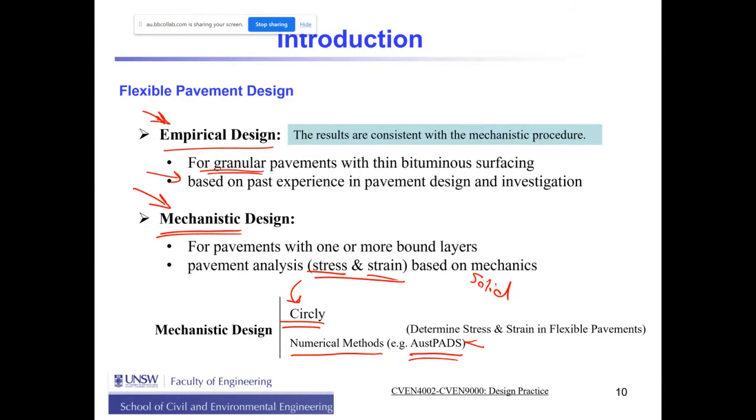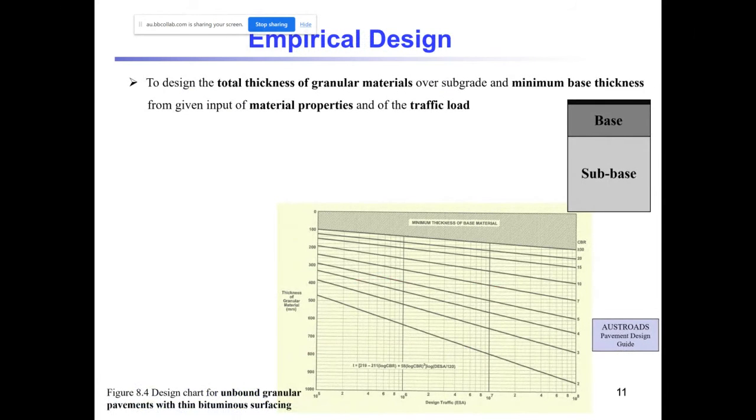And it is interesting to note that this software was developed in the Geotech Group at UNSW for design of pavements, and later this was developed as a part of an ARC project, and later the program was given to Austroads, and now Austroads use this software for the design of many roads. So let's start from the empirical design.